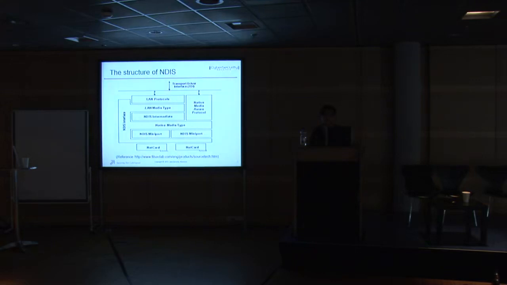The intermediate level acts like a miniport, and from the other side, for the miniport level, the intermediate acts like TDI. So from this diagram, NDIS intermediate is sitting between TDI and miniport.